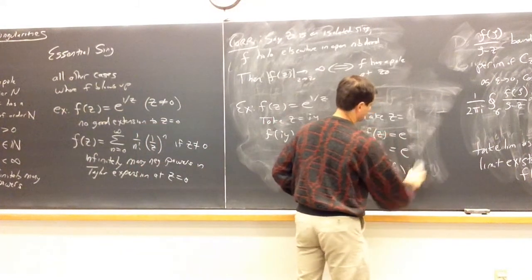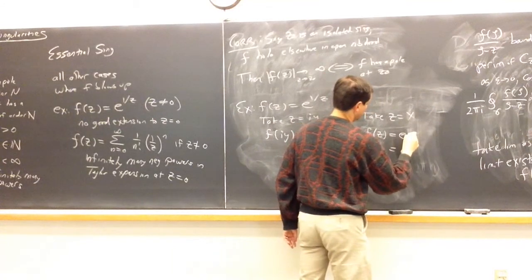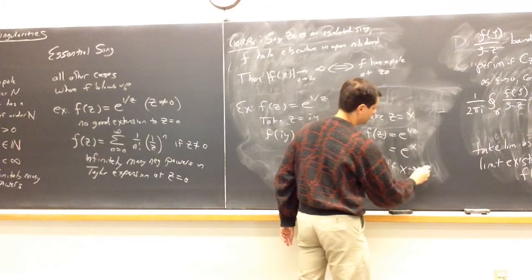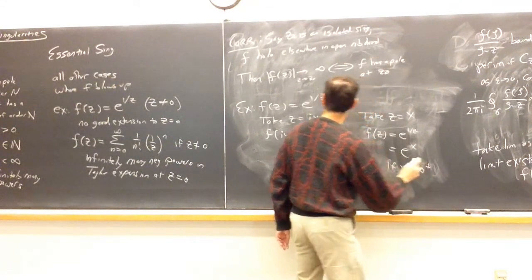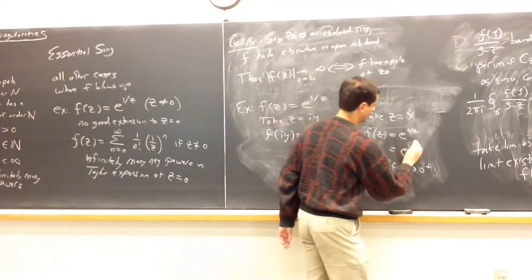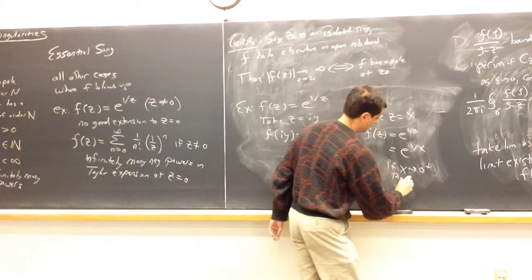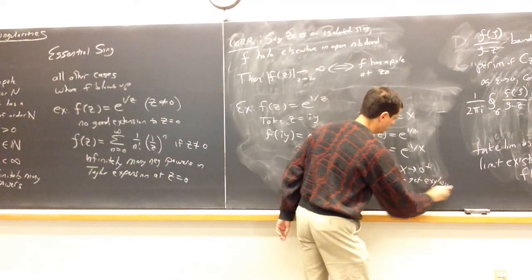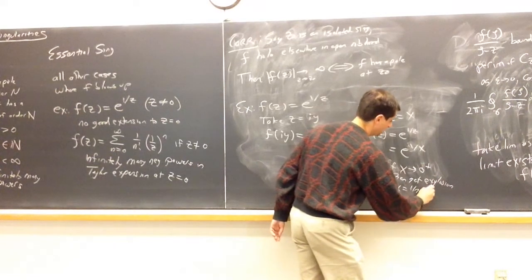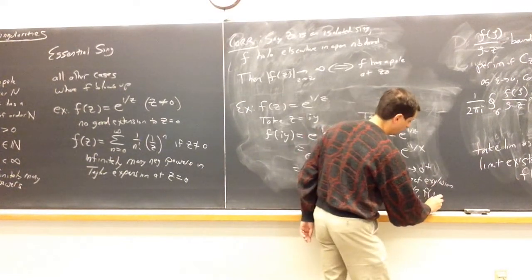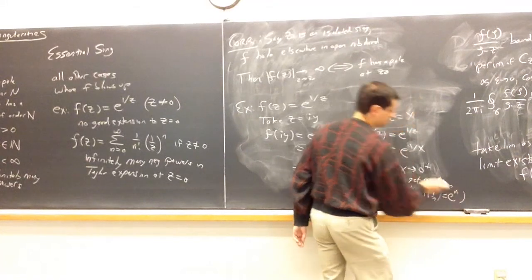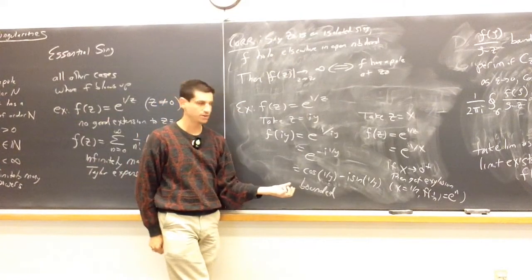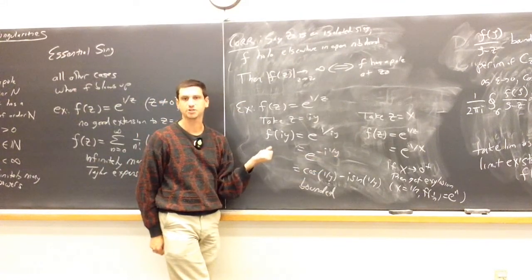Take z equals x, we get e to the 1 over z, so we get e to the 1 over x. If x goes to 0 from above, then we get explosion. If you want, take x equals 1 over n, f of 1 over n becomes e to the n. So if we approach along the y-axis, it stays bounded. If we approach along the positive x-axis, it explodes.